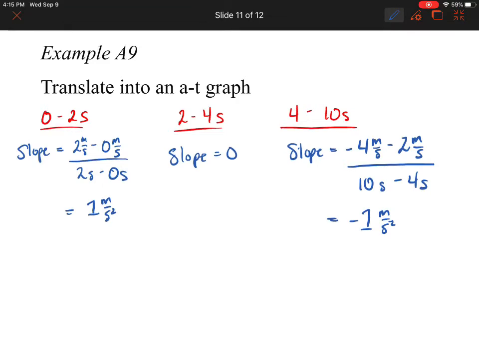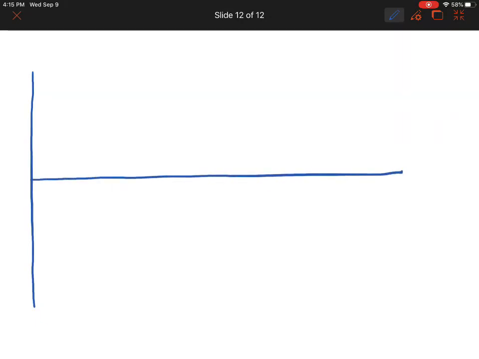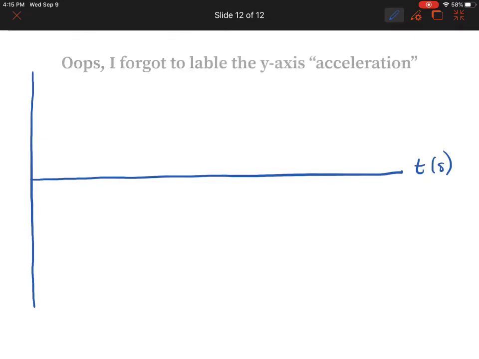Okay, so I'm going to use these time intervals because it's an acceleration time graph. So the time should be on the x-axis because it is our manipulated variable. Time is always on the x-axis, okay, just so you know. So there's your time in seconds there. You should be using a ruler. Unfortunately, I can't here. My acceleration went from 1 to -1, so I really don't need too much here.